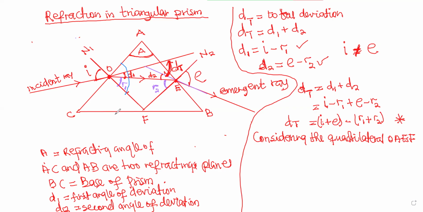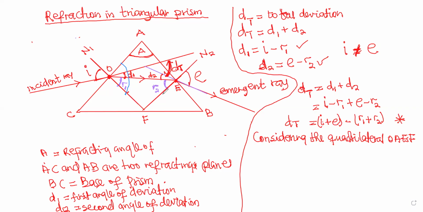Anybody? Oh, are you people there? It is 90 degrees. It's 90 because the normal is always perpendicular to the surface. So the normal is perpendicular to AC. So from the normal to the AC must be 90.